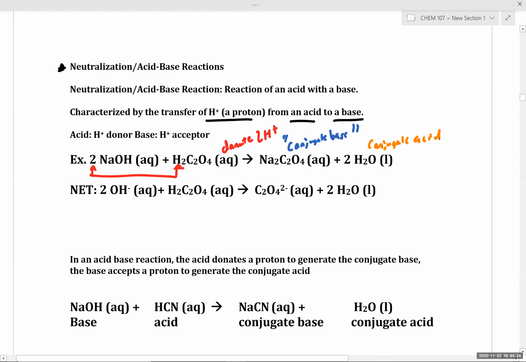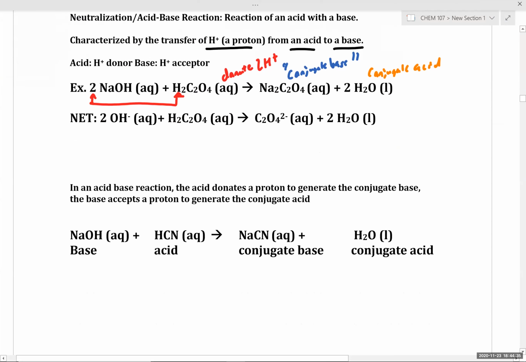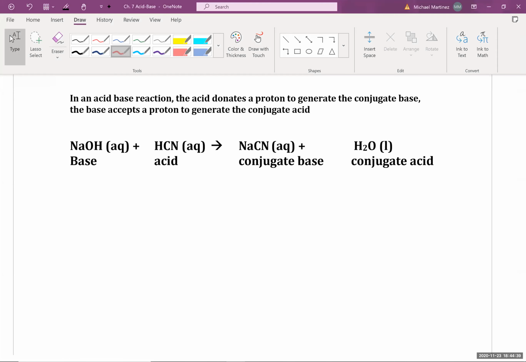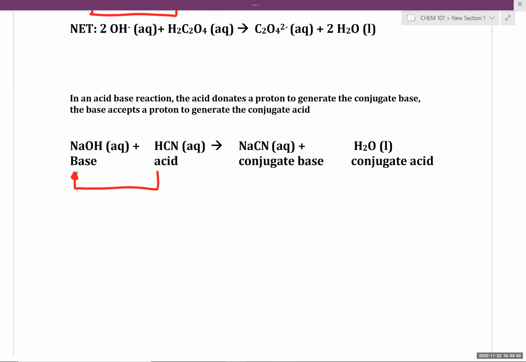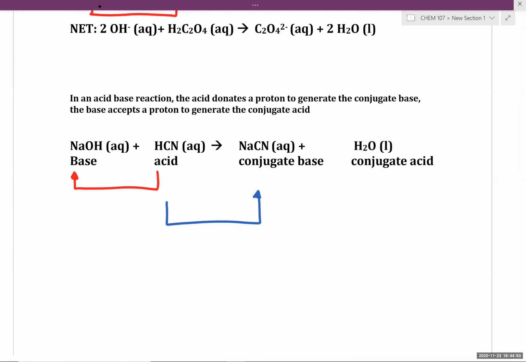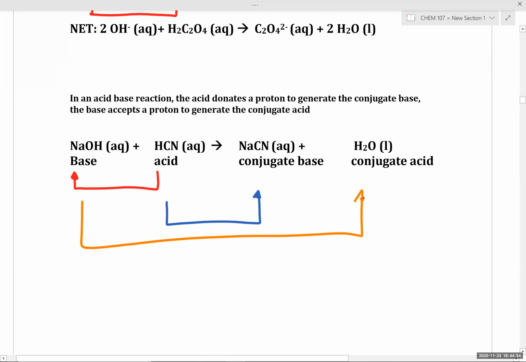So after this proton transfer process, we end up generating the conjugate base of our starting acid and the conjugate acid of our parent base.